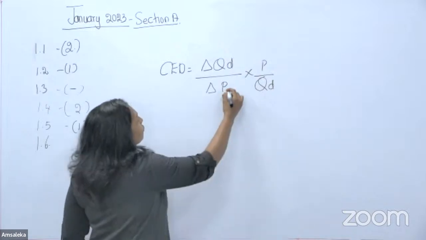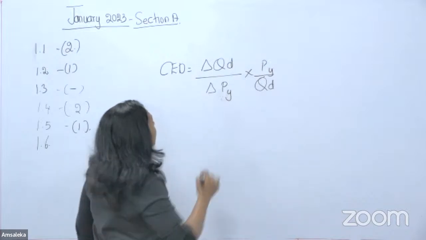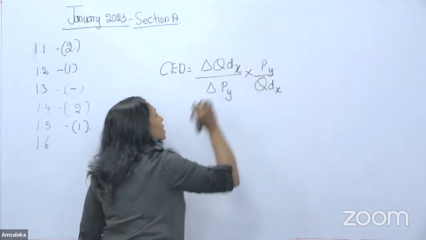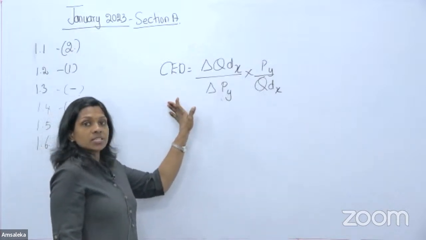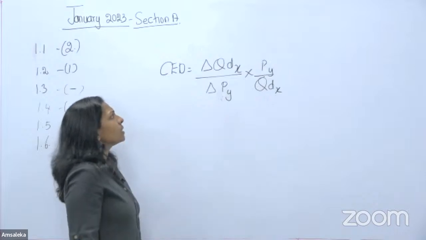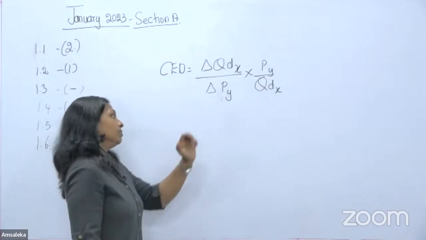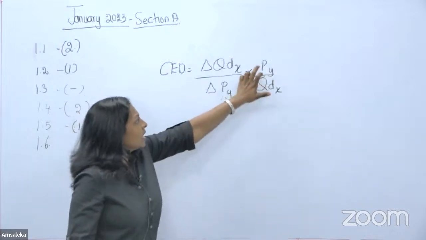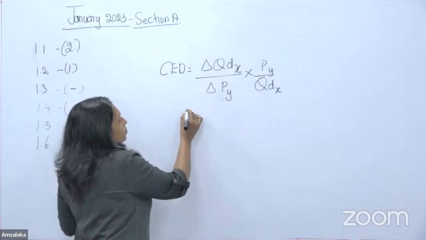So the price is given for Y. Demand is given for X. So like that you can easily do the thing under the cross elasticity of demand, right? First try the normal thing. Delta QD over delta P into P over QD, but here P is for good Y, QD for good X, right?